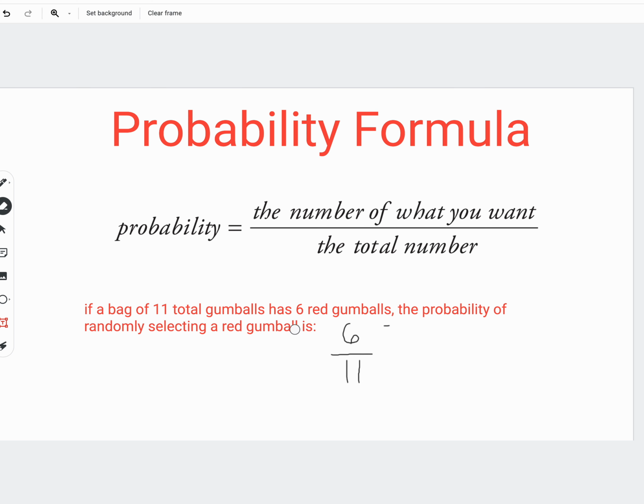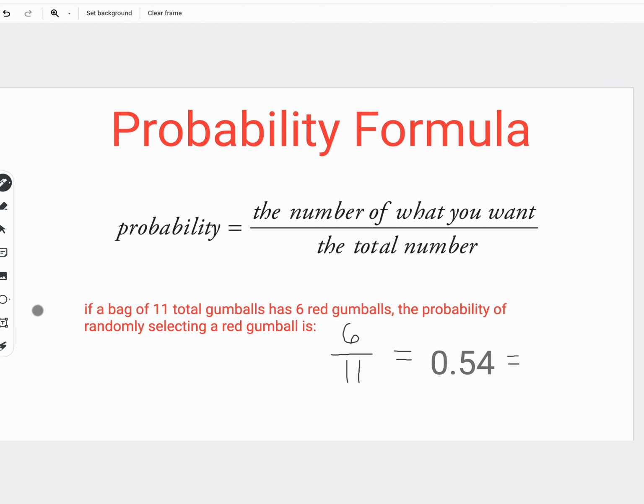Which also can be written as 0.54 as we divide 6 by 11. Which also as a percent can be expressed as 54%, as percent means out of 100.